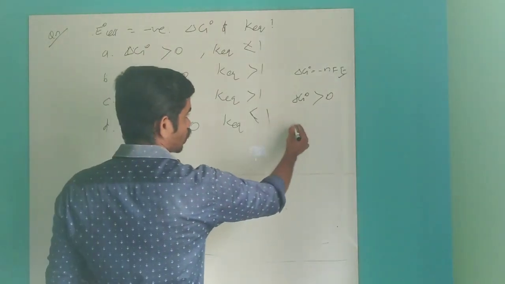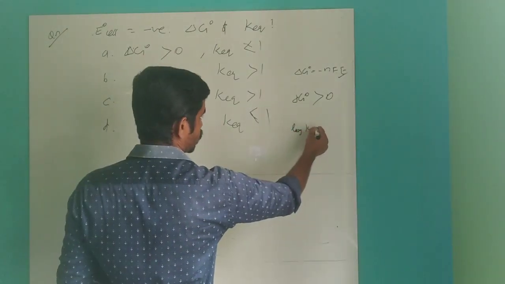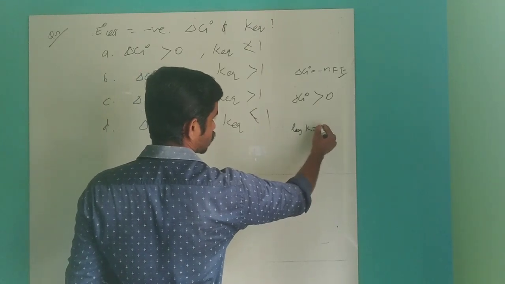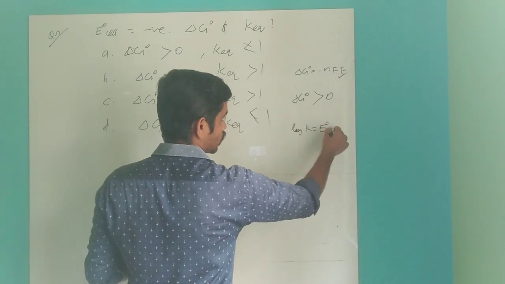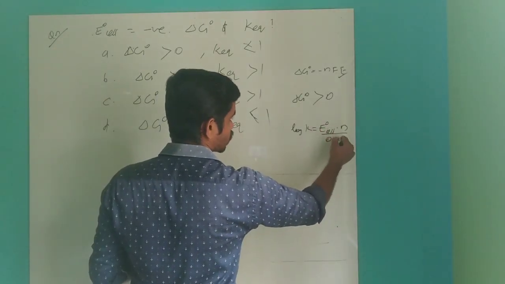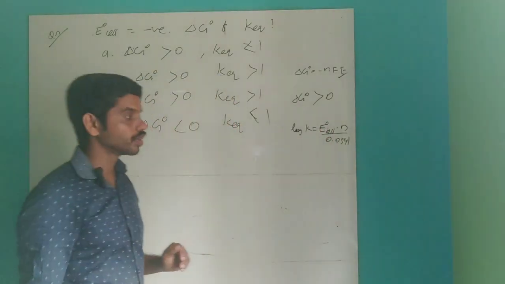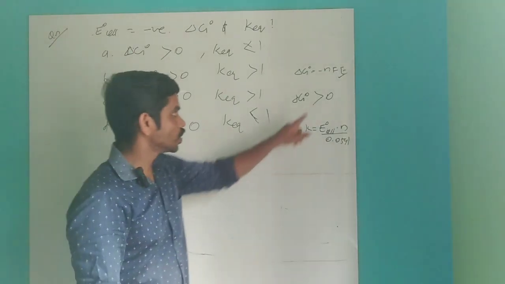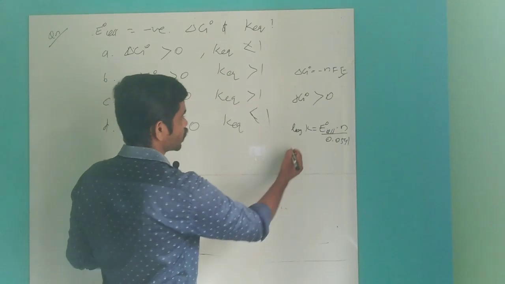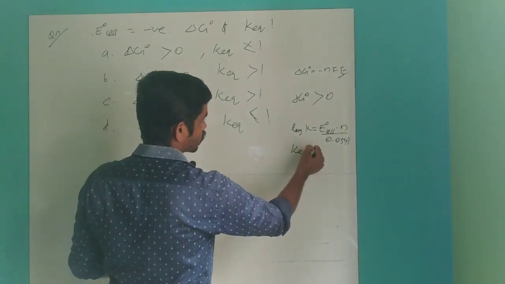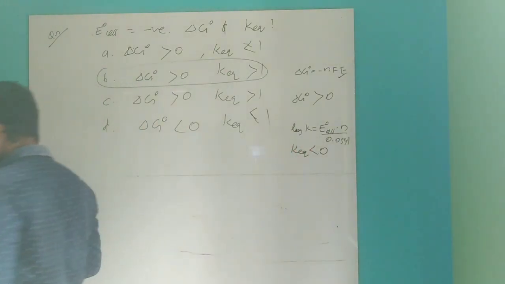Log K is equal to E0 cell into n divided by 0.0591. So E0 cell is negative, then log K is also negative. So the equilibrium constant will be lesser than 1. That is the answer.